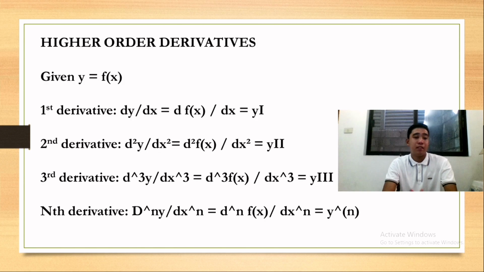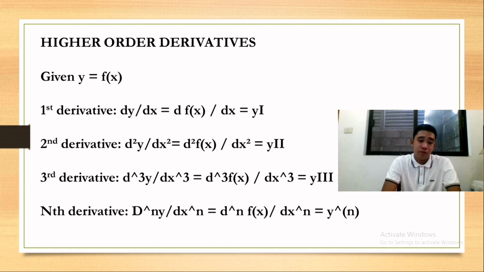Higher order derivatives. Given y equals f(x), the first derivative formula is dy/dx equals df(x)/dx equals y1. Second derivative, d squared y over dx squared equals d squared f(x) over dx squared equals y2.